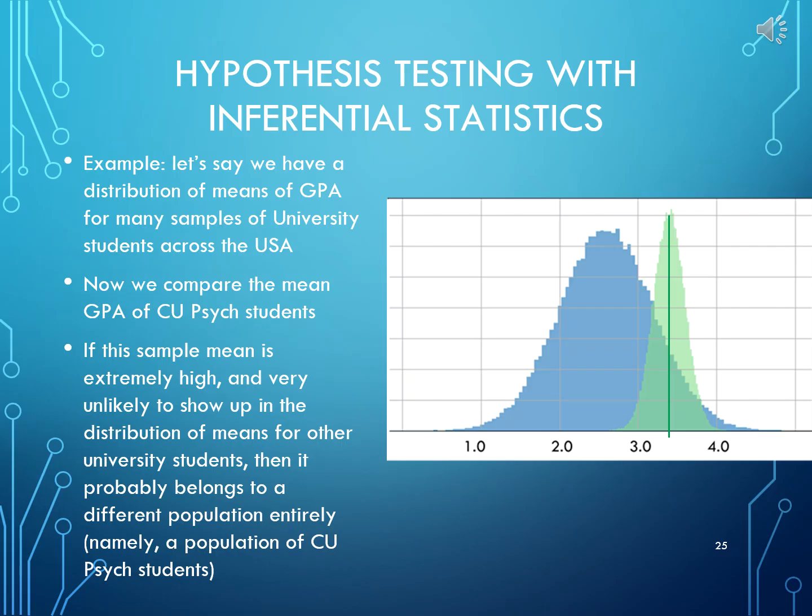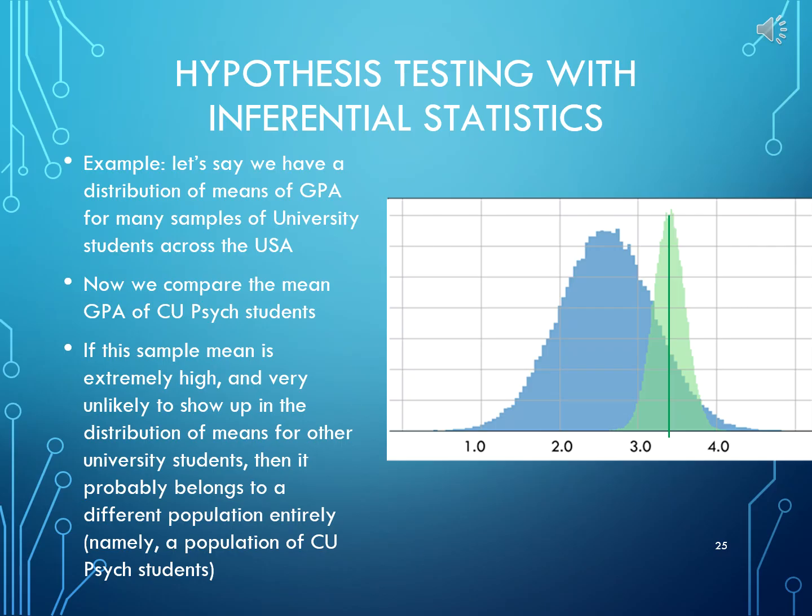All right. So that sets up our comparison distribution. That's the null hypothesis here, that CU psychology students have no difference in average GPA. But we're going to test an alternative hypothesis that CU psychology students actually have a higher GPA than other university students.